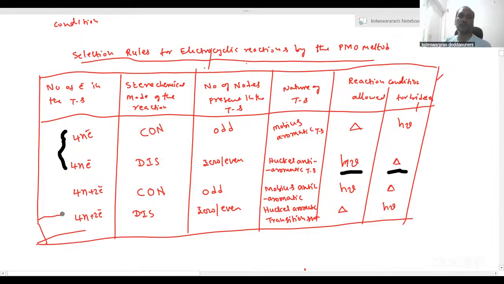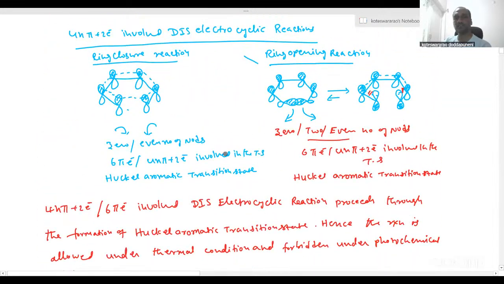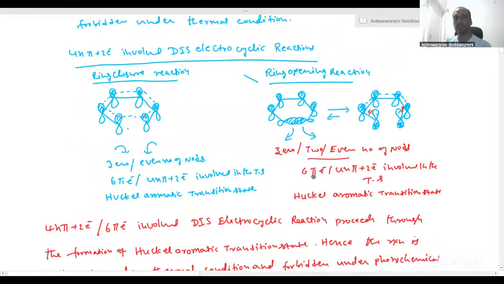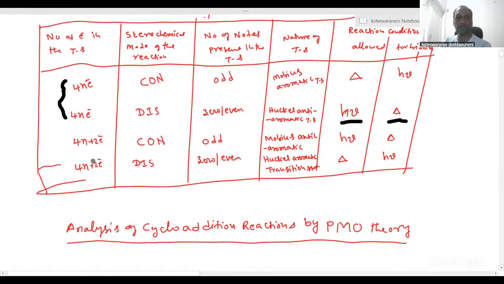Next, 4n plus 2 electrons. This is the previous example that we saw here. In this system, 4n plus 2 electrons, if it is undergoing conrotatory electrocyclization, it is involving an odd number of nodes. Once it becomes an odd number of nodes, the transition state becomes Mobius, and the number of electrons involved is 4n plus 2 electrons.